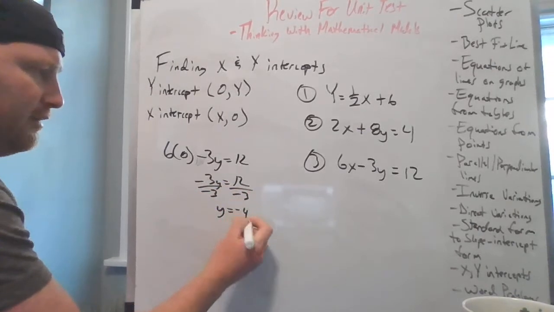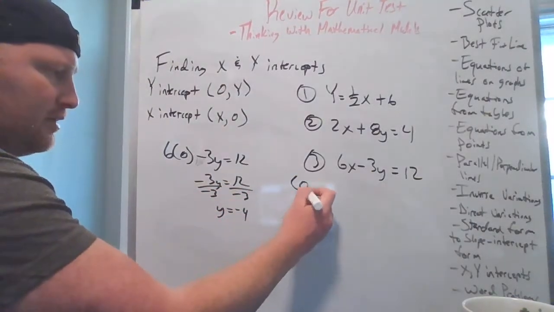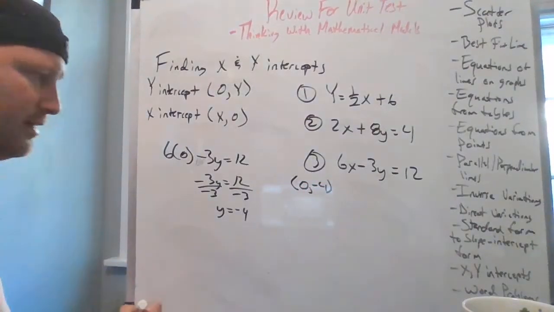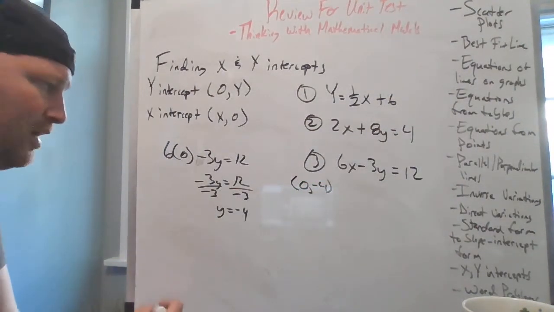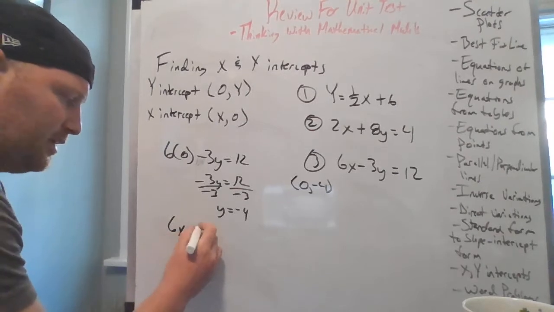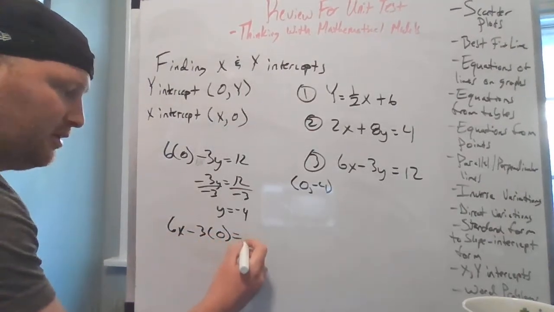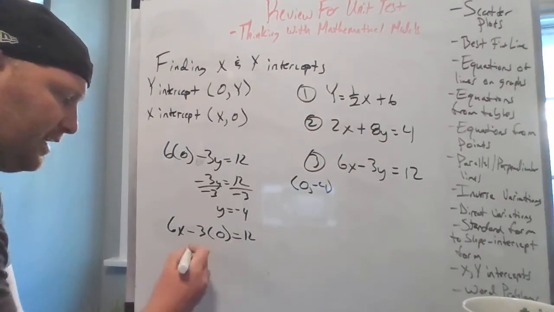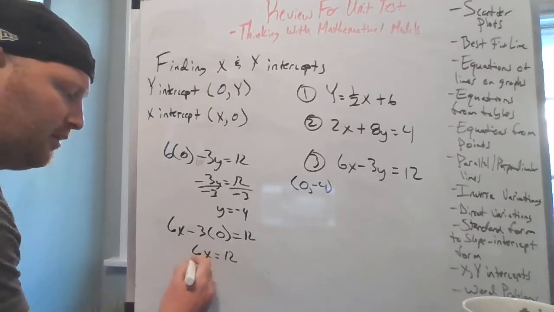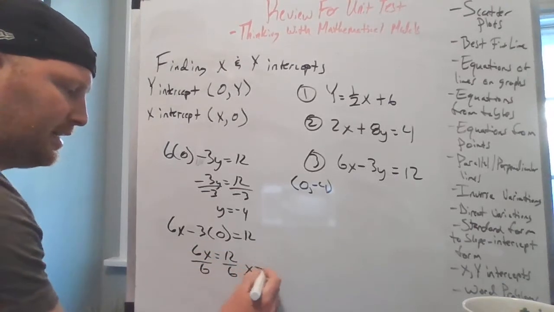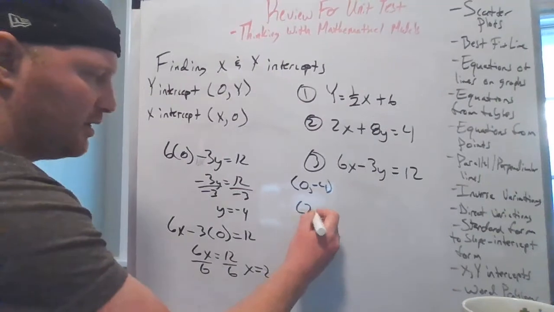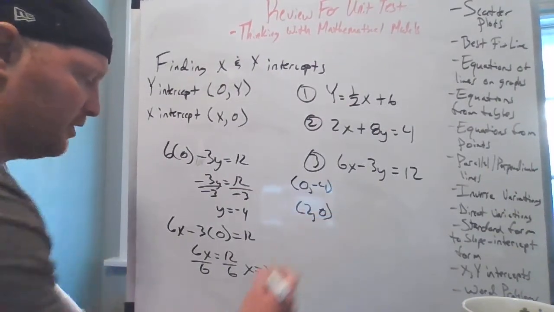And y equals negative 4. So the y-intercept is going to be 0, comma, negative 4. And to solve for the x-intercept, replace y with 0. So 6x minus 3 times 0 equals 12. This cancels. 6x equals 12. Divide by 6. x equals 2. So the x-intercept is going to be 2, comma 0.